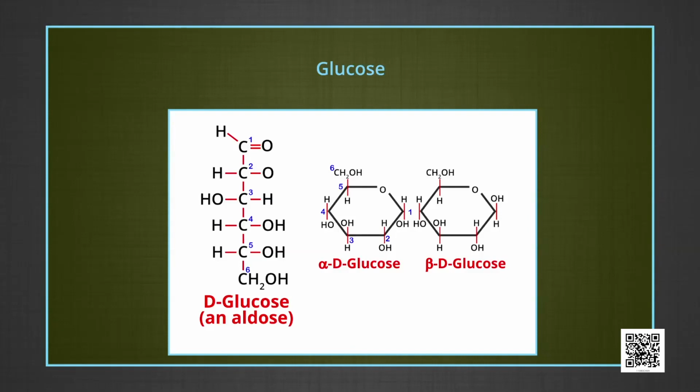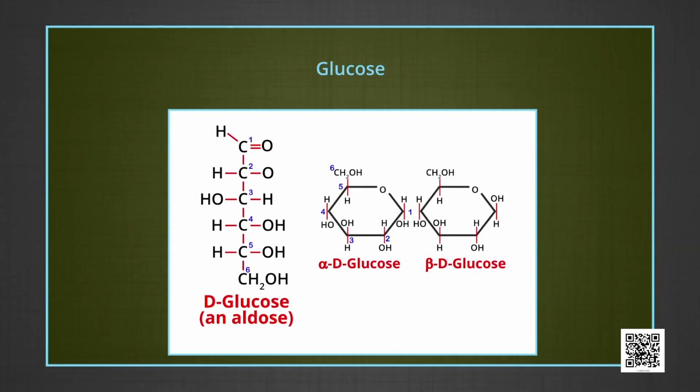Now I am describing the alpha and beta forms. These are further classified structures of the chain or the ring form. In the alpha form, in the first carbon, the OH group is below the ring. If the OH group is below the ring, you will say this is alpha D glucose. D is for the OH group which is on the right side of the chain.